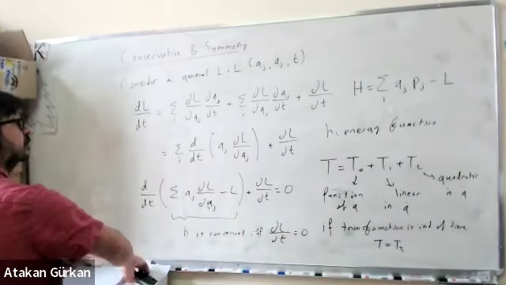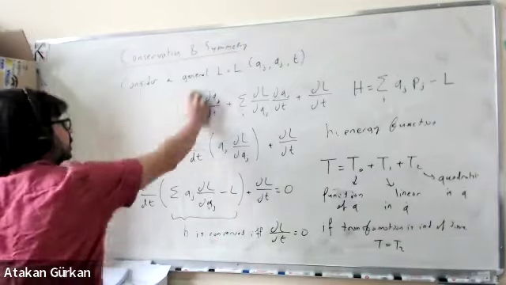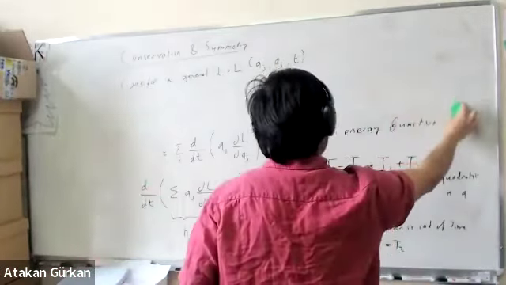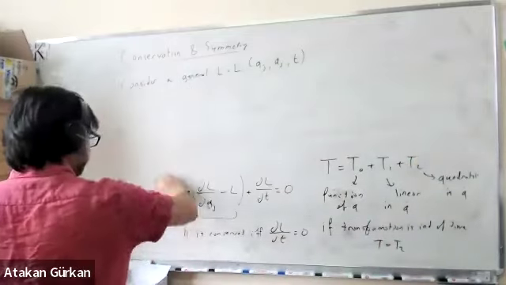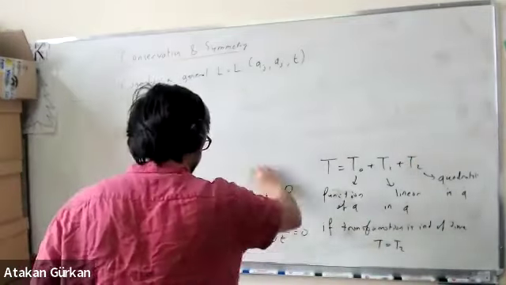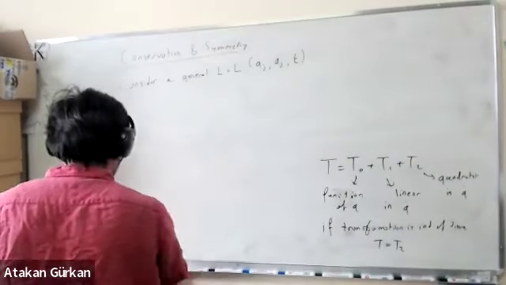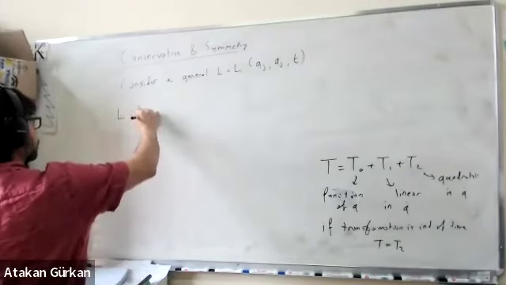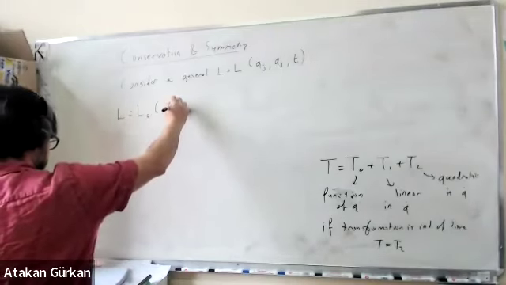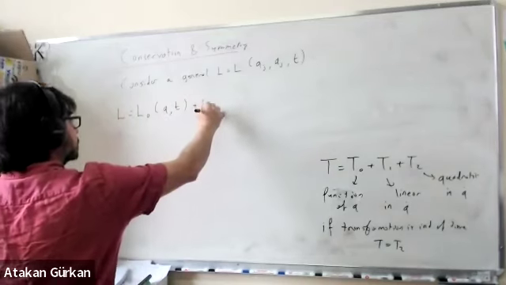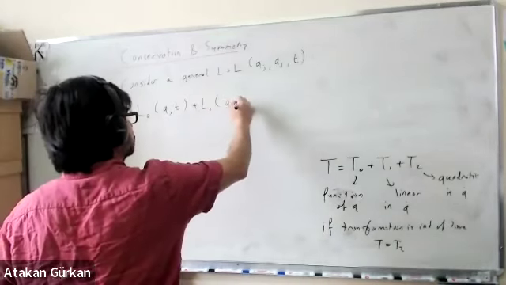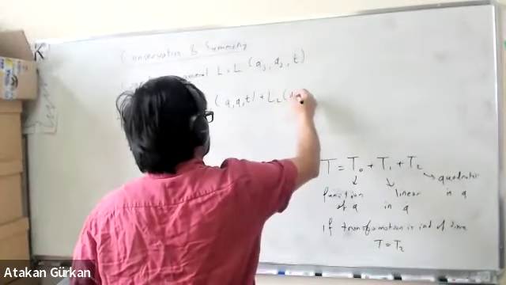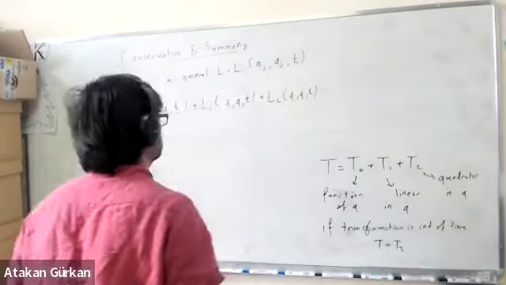Now, in a similar fashion, we can write our Lagrangian as L0, which is just a function of q and t, plus L1, which is a function of q dot and t, plus L2, a function of q dot and t.